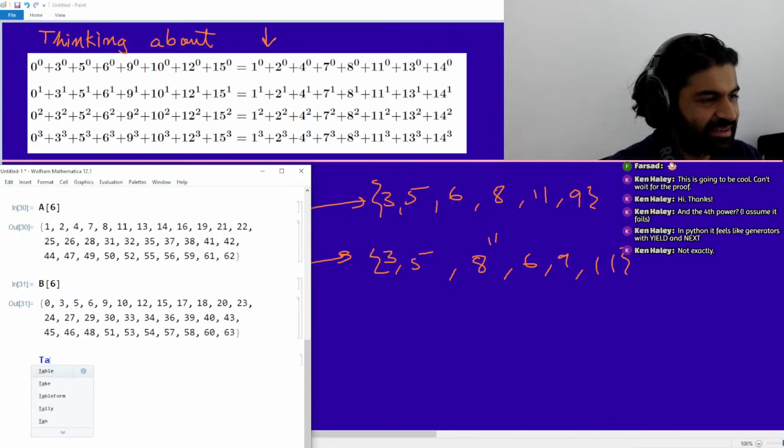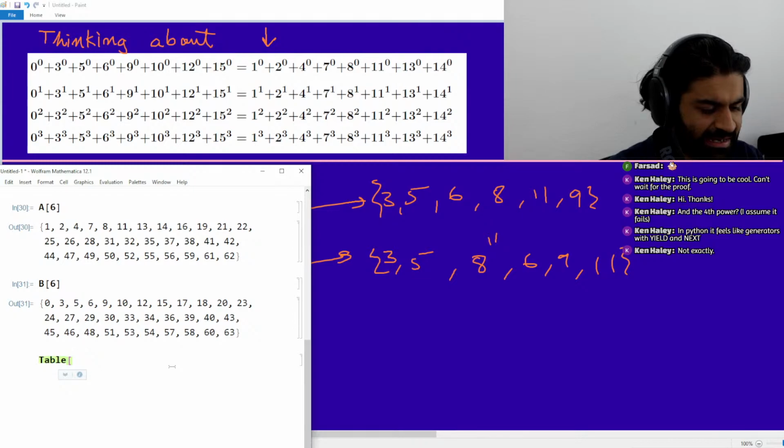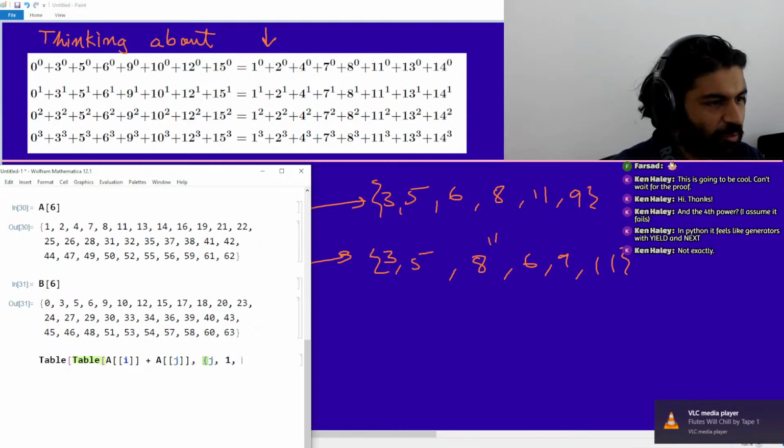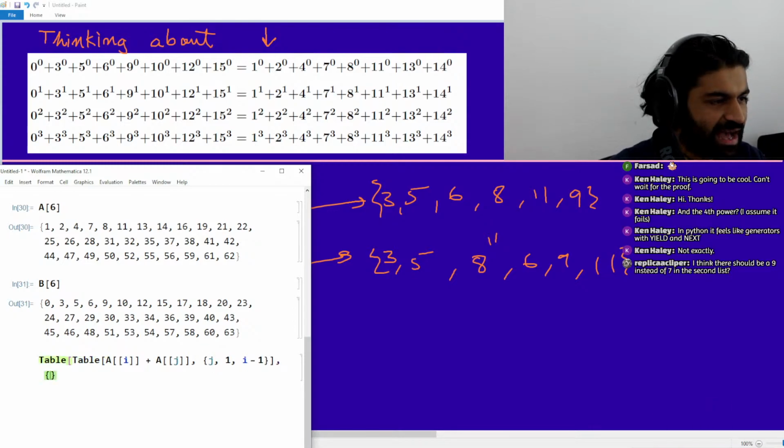So it would be a table of AI plus AJ, where, for example, J goes from 1 to I minus 1, and I goes from 1 to, what would it be? Also I need to be careful. So we're doing this for A6, right? So I would go from 1 to, I guess, 2 to the 5.